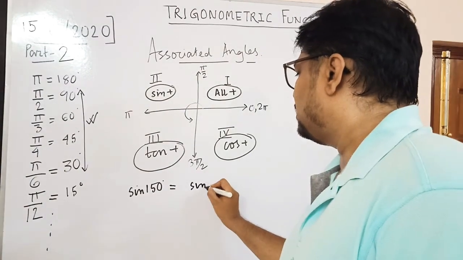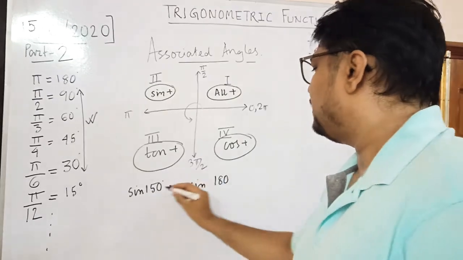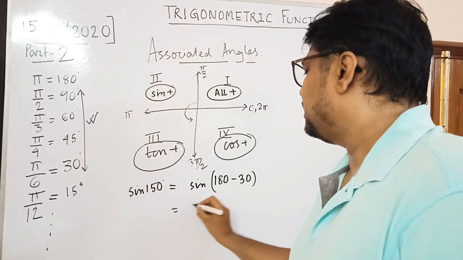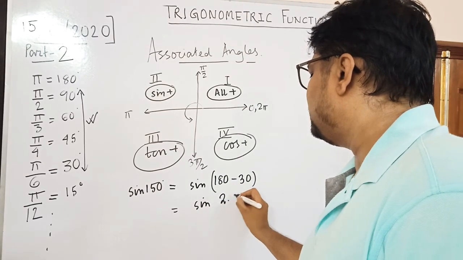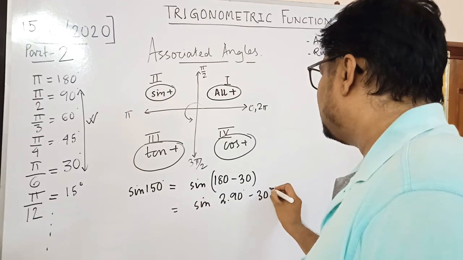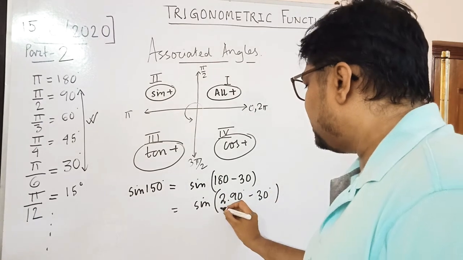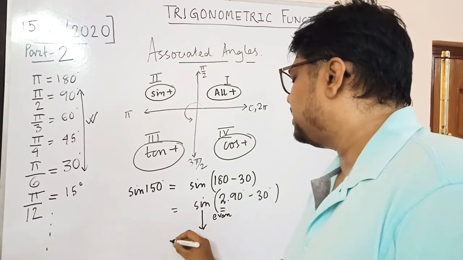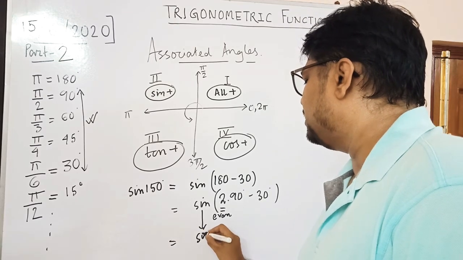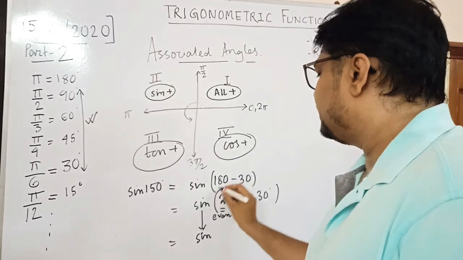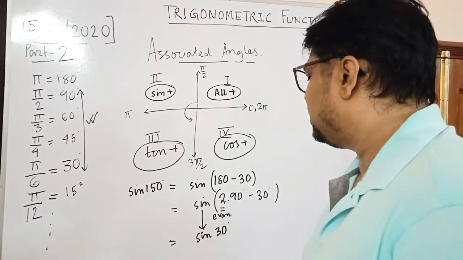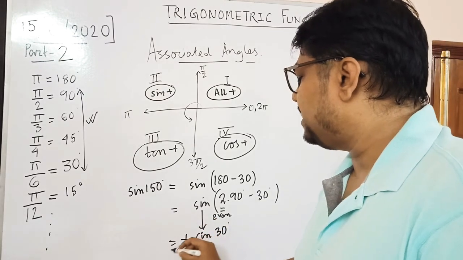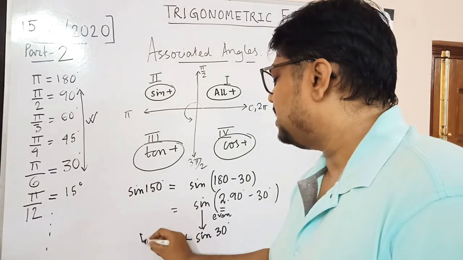So I break this 150 as 180 minus 30, and 180 is 2 into 90 degree, minus 30 degree. When we get an even number over here, remember the trigonometric function retains, it is not changed. So sine will be sine only, and this part is ignored. So we write sin 30 over here, and in front it will be a positive sign. Why positive sign? It comes from the second quadrant.